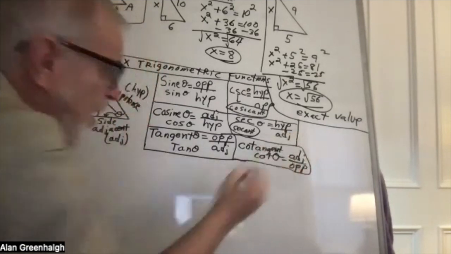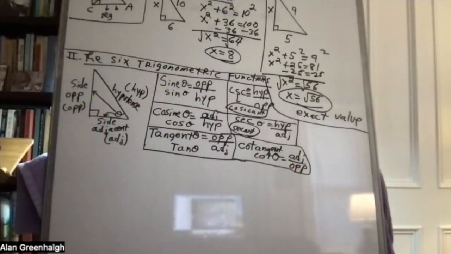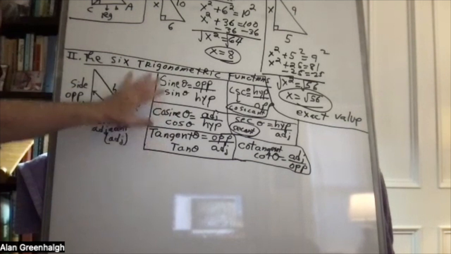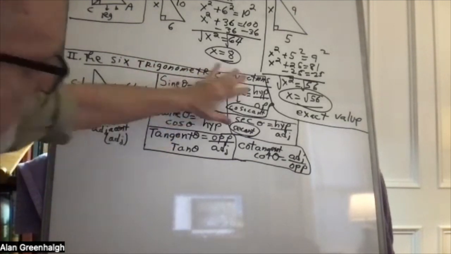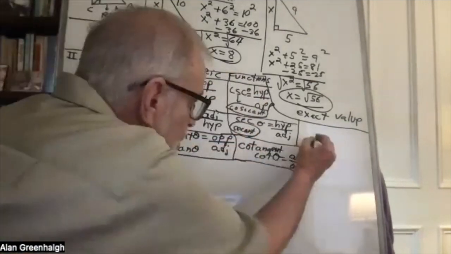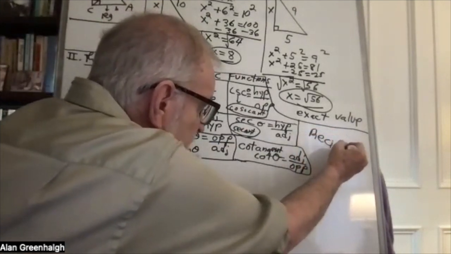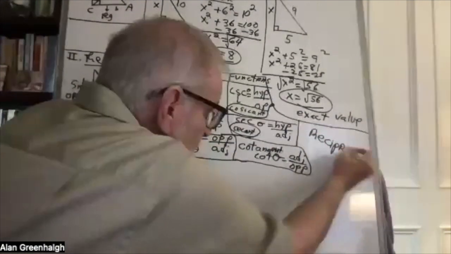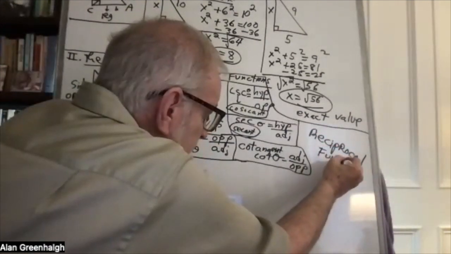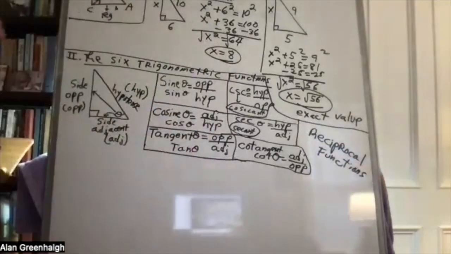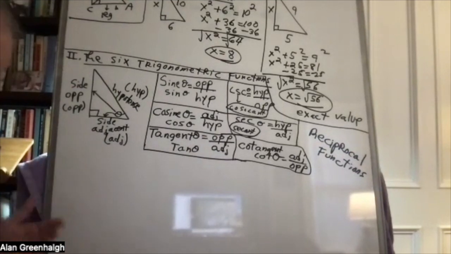These are the 6 trigonometric functions. These are the main 3 functions: sine, cosine, tangent. These over here are called reciprocal functions. So these are things you need to know.